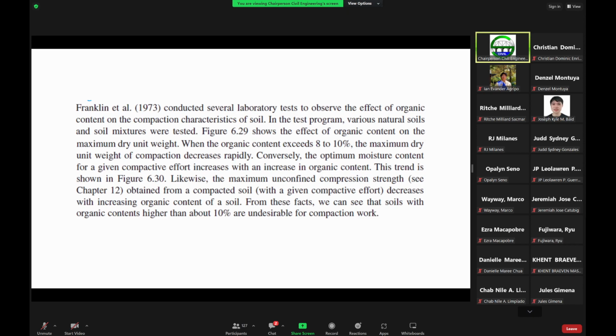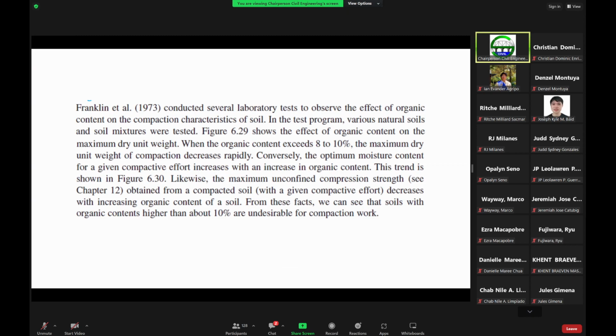Now, a certain person named Franklin in 1973 conducted several laboratory tests to observe the effect of organic content on the compaction characteristics of a soil.